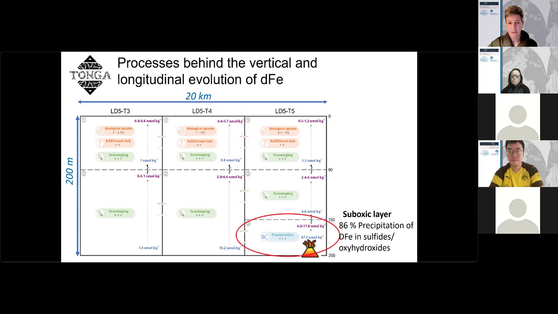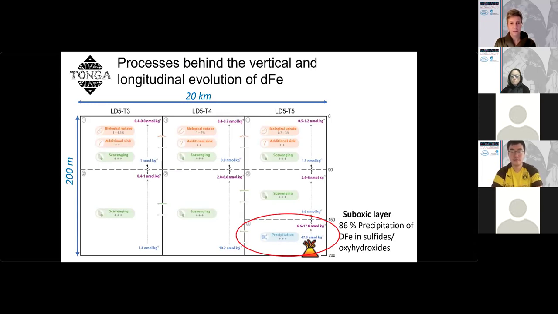So what we did in that paper, for a simplified 1D three-box budget, we were able to quantify the importance of those processes based on the observations made at a small scale that represent here a distance of 20 kilometers of the long-duration station 5.